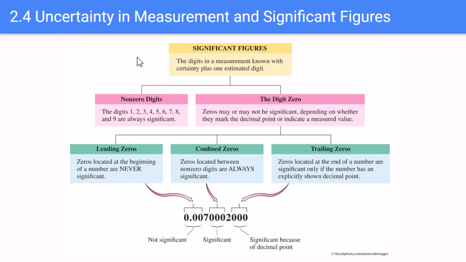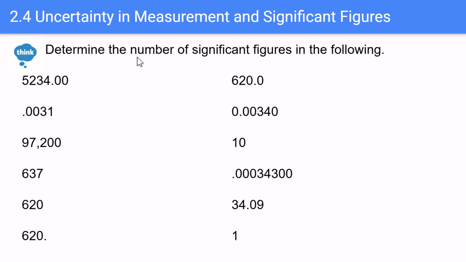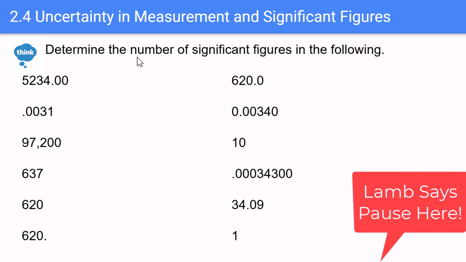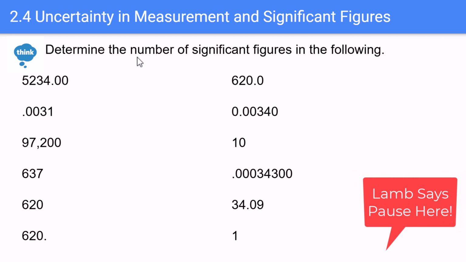Again, where that decimal point is located is irrelevant. It's simply based off the fact that there is a decimal point within that number. So follow these rules and you'll easily be able to determine the number of significant figures in any given number. Which is exactly what I'm going to have you do here. Take a few minutes, pause the video, we'll come back and I will go through and tell you the number of significant figures in each of the numbers that are listed on this slide.